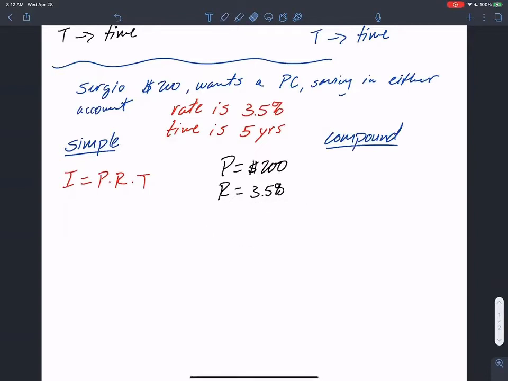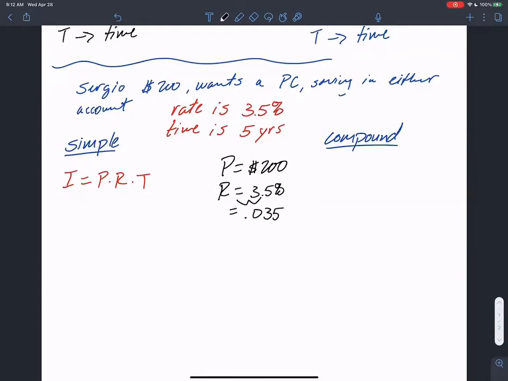You will absolutely get everything wrong if you don't change it to a decimal. Okay? So we're going to change it. Just move it 2 places over: 0.035. Okay? Super important, guys. You might know everything, but if you make that mistake, you're going to get everything wrong. Okay? I can't stress that enough.